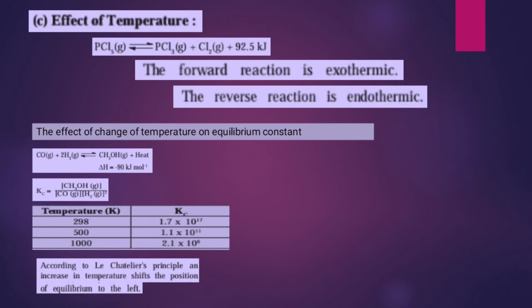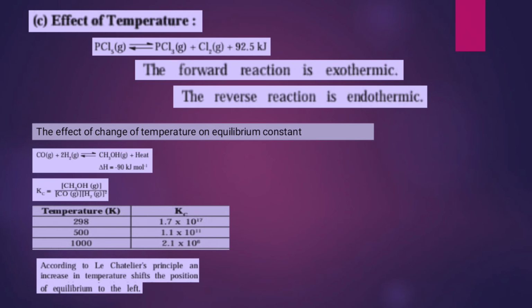Now here is the effect of change of temperature on the equilibrium constant. Now see the reaction which is given over here. CO gas reacting with twice of H2 gas, reversibly giving you CH3OH gas, and heat is liberated. In the same way, here the reaction is exothermic and the heat liberated is about minus 90 kilojoules per mole.